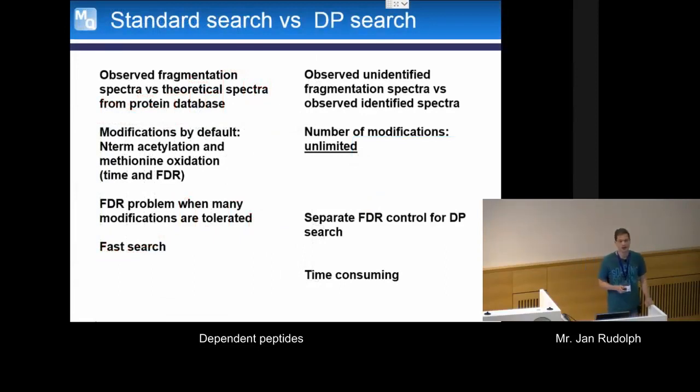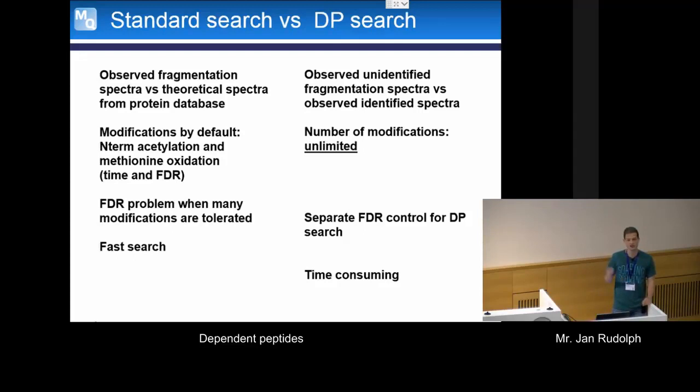Okay, so let's again review the differences between the standard search and the dependent peptide search. In the standard search, we try to match our observed fragmentation spectra against the theoretical spectra from the protein database. While in the dependent peptide search, we try to take the unidentified fragmentation spectra and match them to the already identified spectra. If we look at the modifications that we can study, in the standard search, only N-terminal acetylation and methionine oxidation are considered.